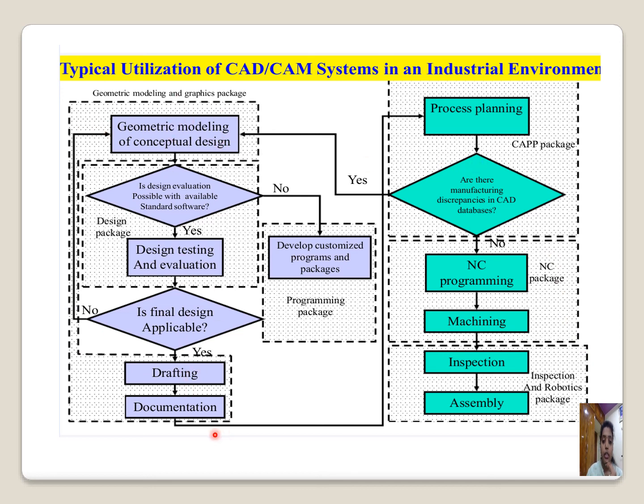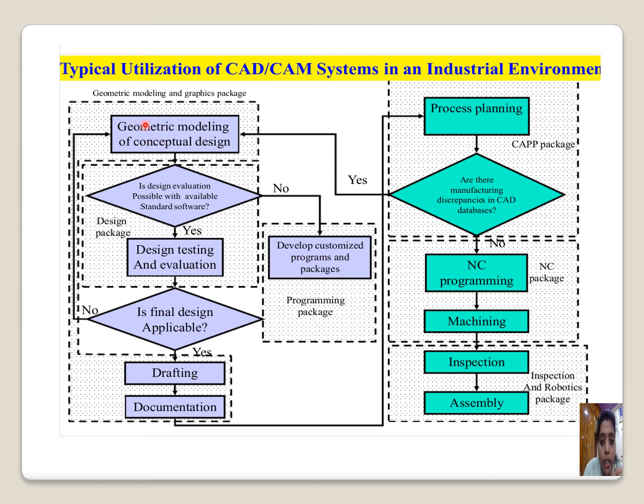From this we can get the documentation of the object, and afterwards it goes to the manufacturing process. This is the manufacturing. I already told you this individually, not in combination form: the designing part like this, and afterwards the manufacturing process separately, but this is the combination flow chart. That's why you want to learn carefully and write like this only.